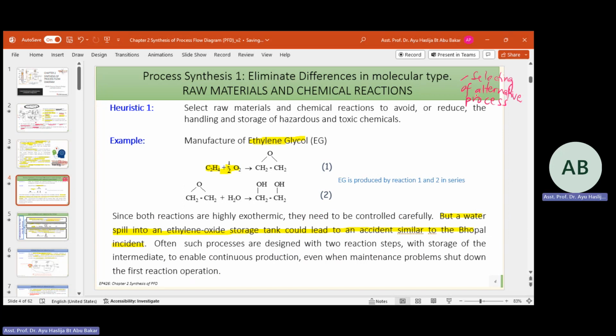Heuristic 1: select raw materials and chemical reactions to avoid or reduce the handling and storage of hazardous and toxic materials. Usually we focus on hazardous and toxic raw materials.